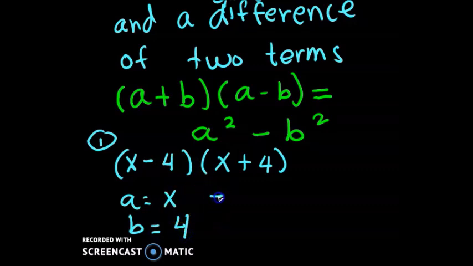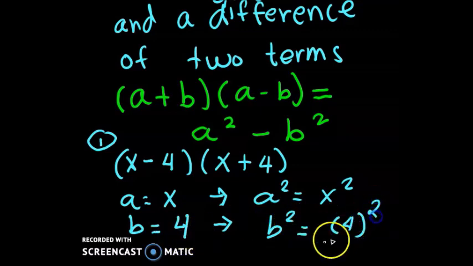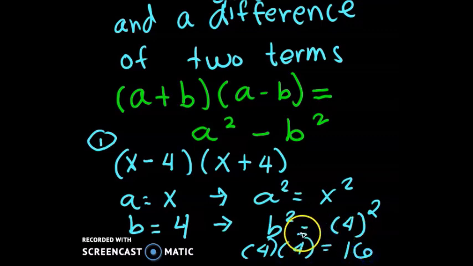If we square this as our formula stated, we've got a squared, x squared, and b squared. Again, our b here is 4. 4 times 4 will give us 16, and that's our easy part.